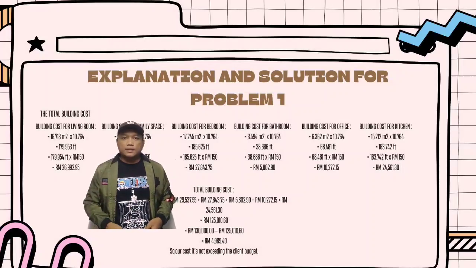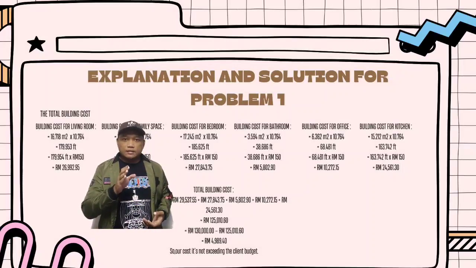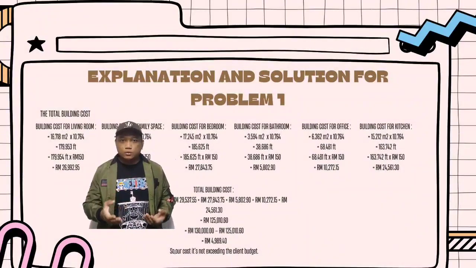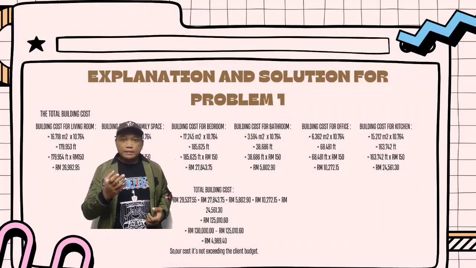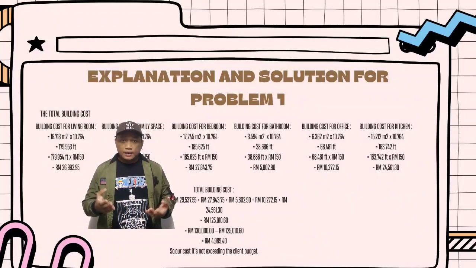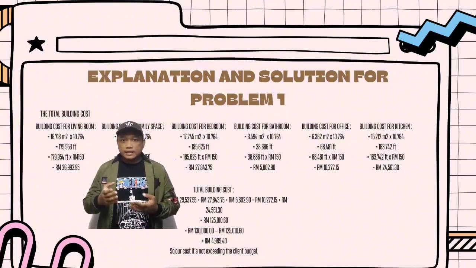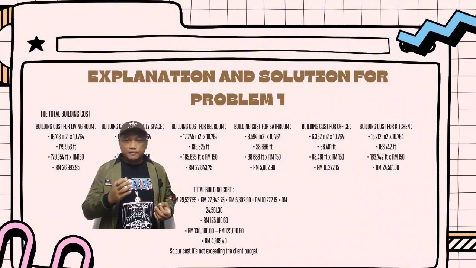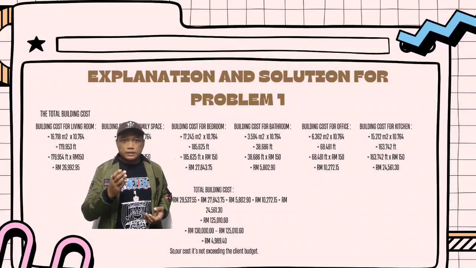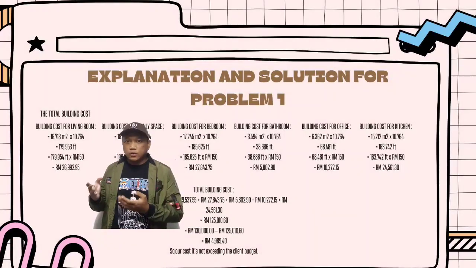For example, the living room area is 16.718 square meters multiplied by 10.764, equal to 179.953 square feet. Then we multiply by the cost per square foot. The area in square feet is multiplied by 150 ringgit to get the cost for each room.